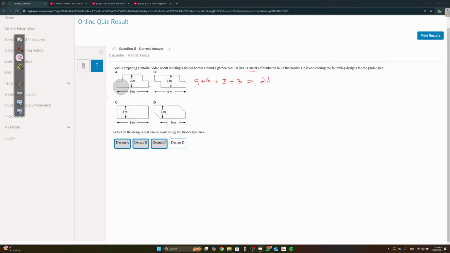For B, let's take a look. You have this all 9, plus this is 3, and this plus this is 3, so 3 plus 3. This plus this as well is also 3, right? This one plus this one is 3.